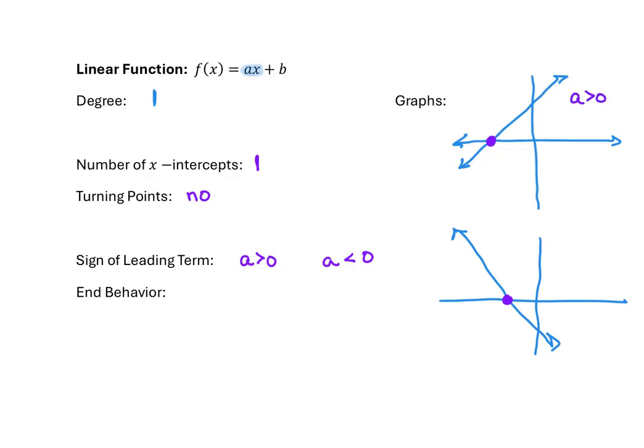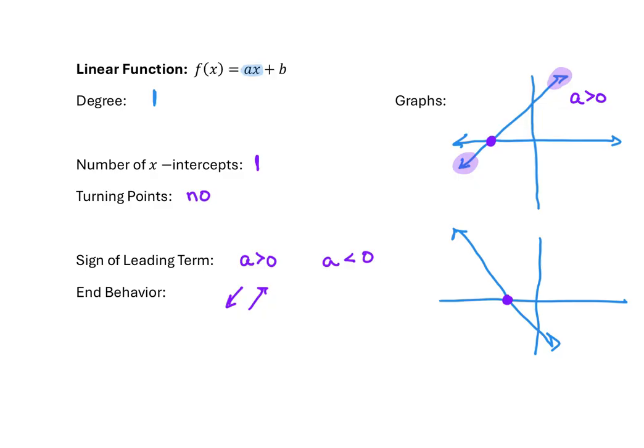Notice if we just focus on the very ends of this graph, we are going down and to the left, and up and to the right. Every linear function that has a positive leading coefficient is going to be of this shape.